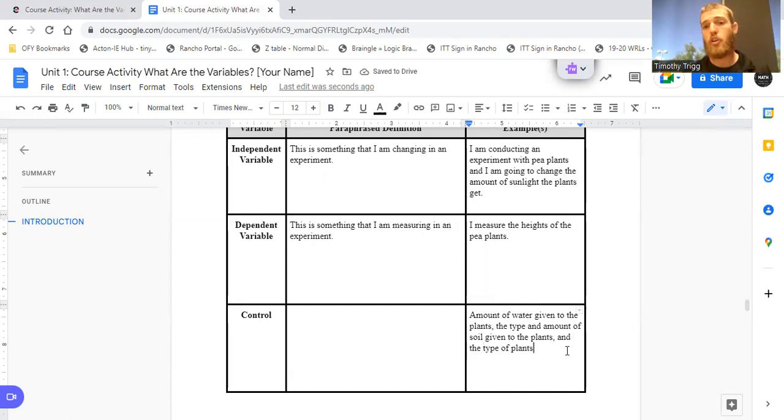You can probably think of some other control variables that you don't want to change in this experiment. Control variables are things that do not change from one group to the other. So you're controlling for other variables. Okay, hope that made sense for the most part.